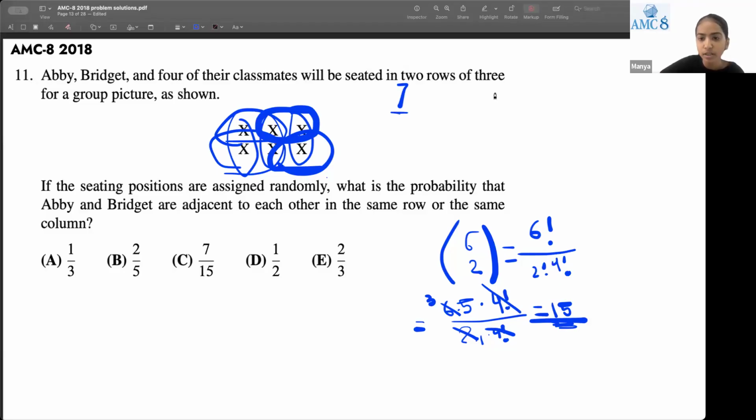So the probability in total will be equal to 7 over 15. The probability formula is the success rate over the total possibilities. So the success rate is equal to 7 since they can be sitting in 7 different ways, over 15. So the total is going to be equal to 15, and that's how we got our answer, 7 over 15, choice C.